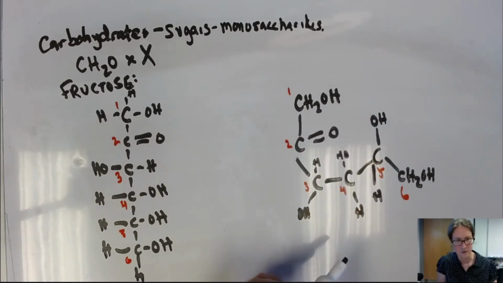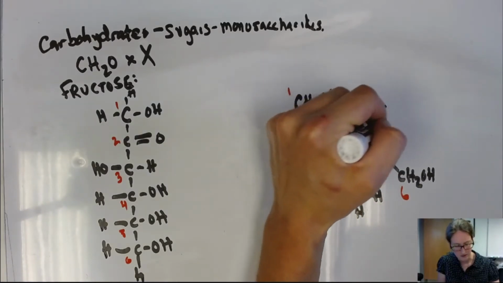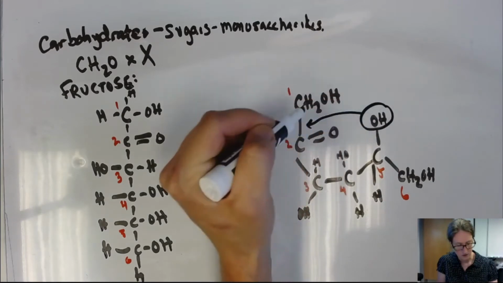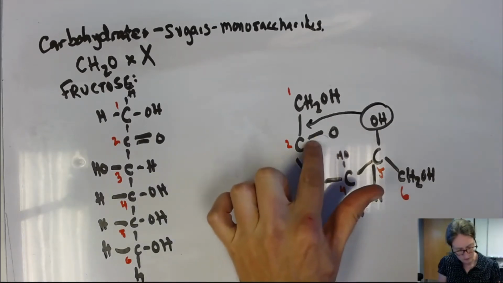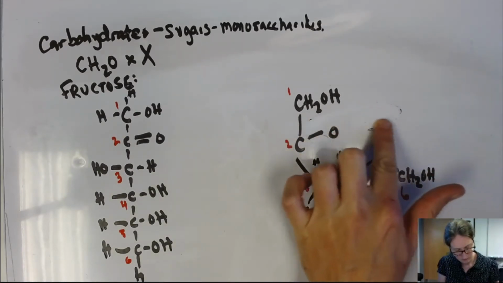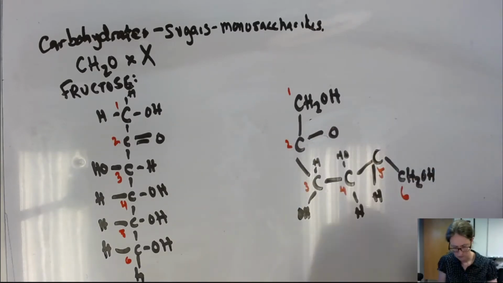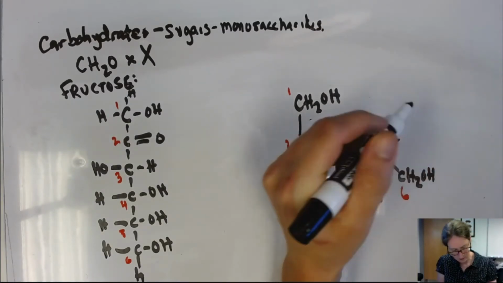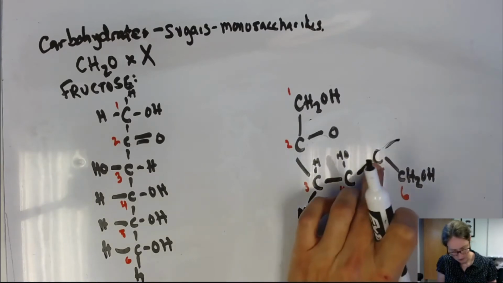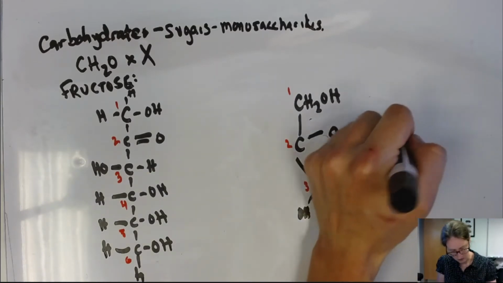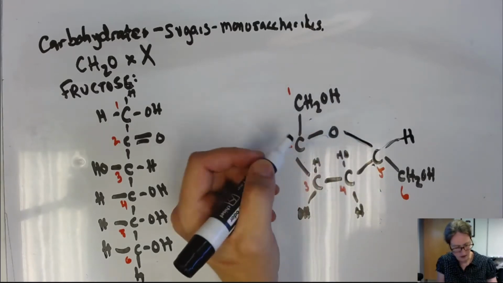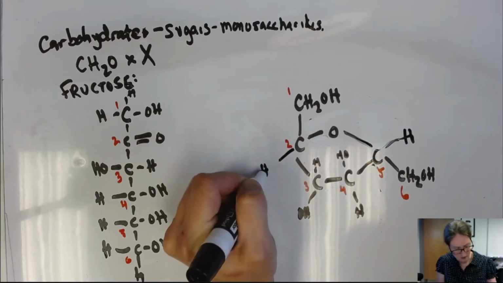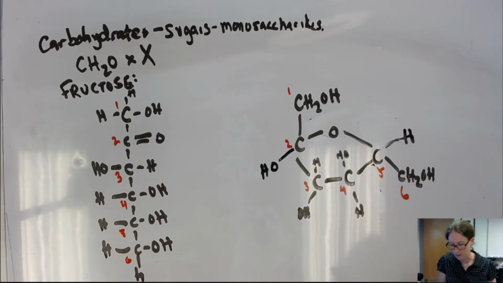Okay, so in this case, what winds up happening is a transfer of this hydroxyl group onto carbon number 2. And so then what we'll wind up with is carbon number 5 bonded to that oxygen, and then a hydroxyl group coming off of carbon number 2.